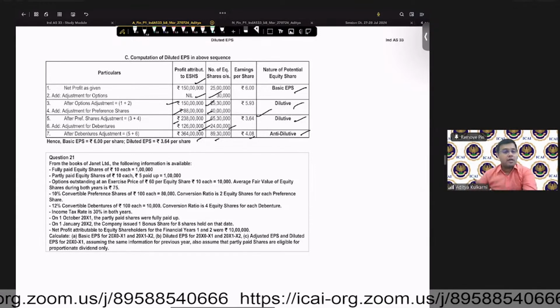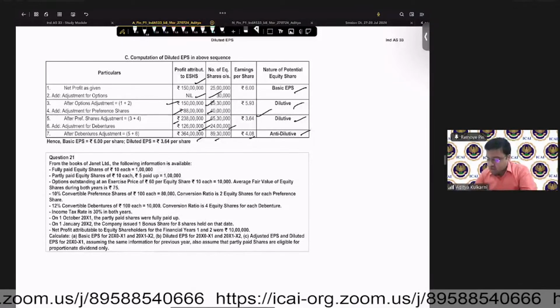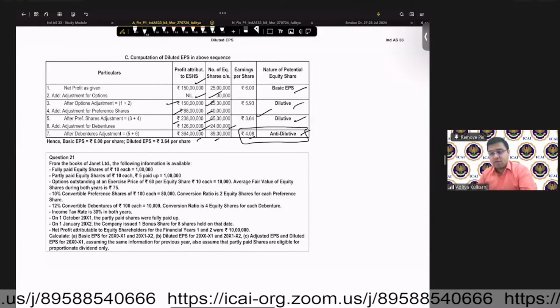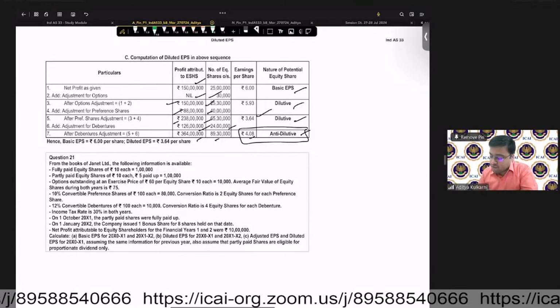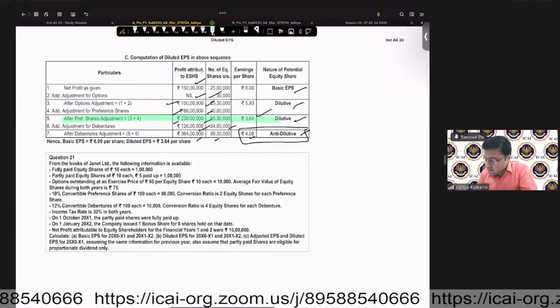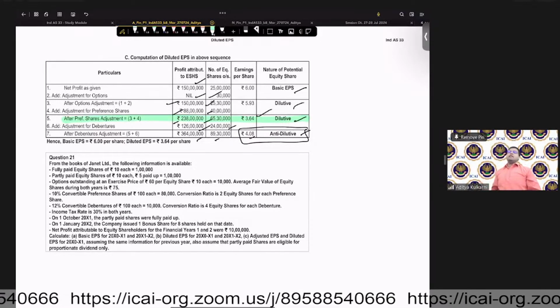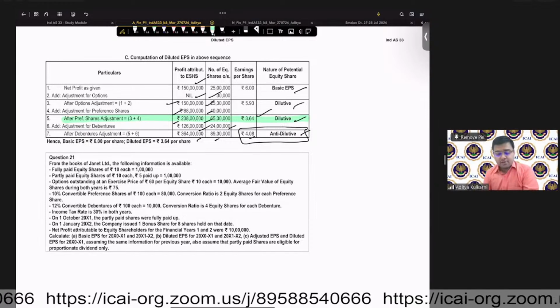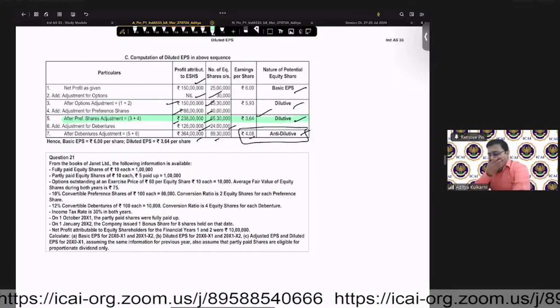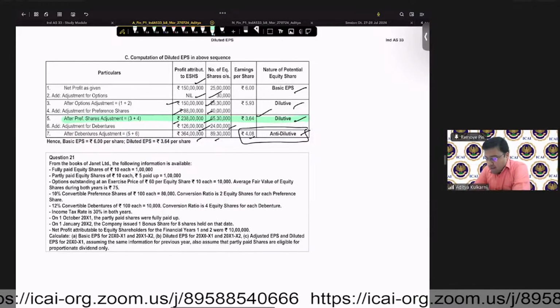But when you have your debentures, 3.64 becomes 4.08. So debentures are anti-dilutive in this case, and therefore you are going to consider 3.64 as your dilutive number. Are we okay with this?